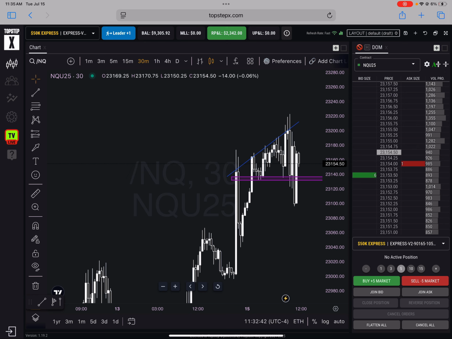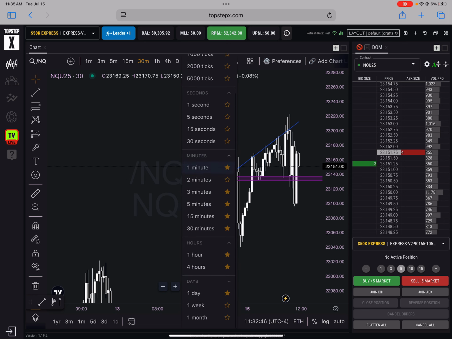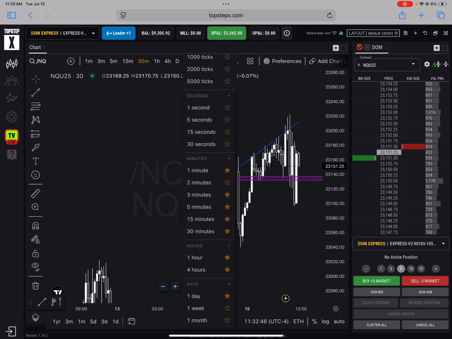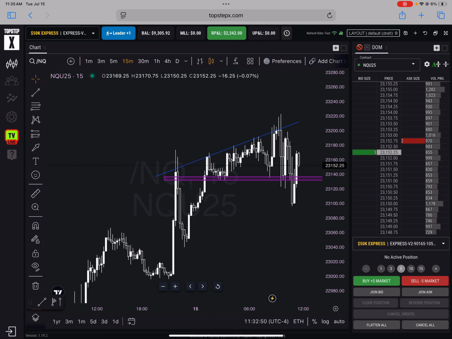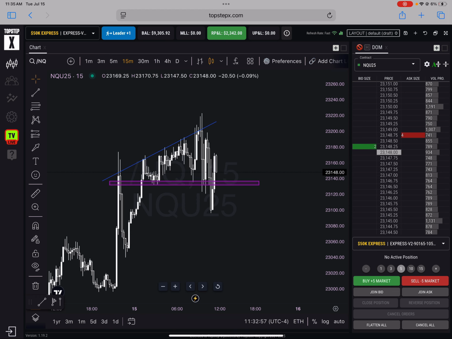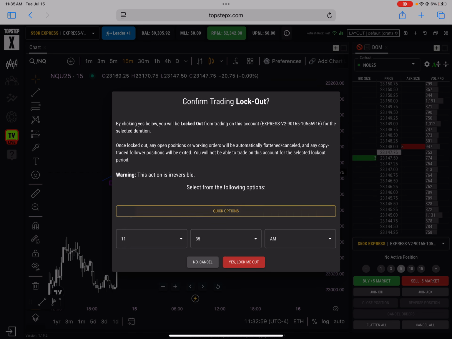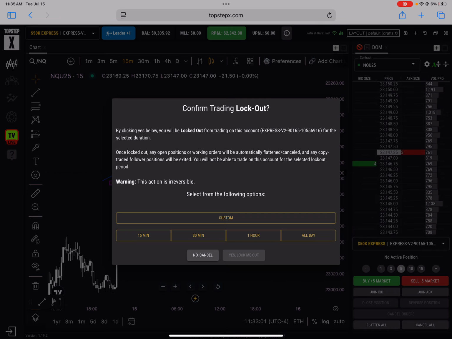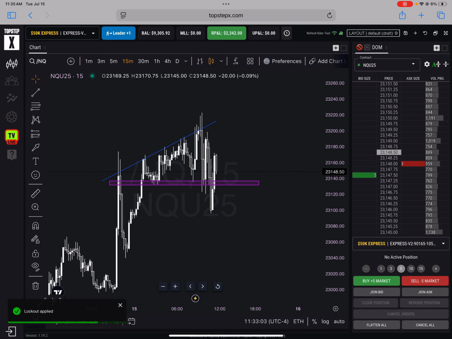These are just the time frames that I choose to use. Each time frame displays the chart a different way. Let me lock the chart because I don't want to misclick, and I made my money for today.